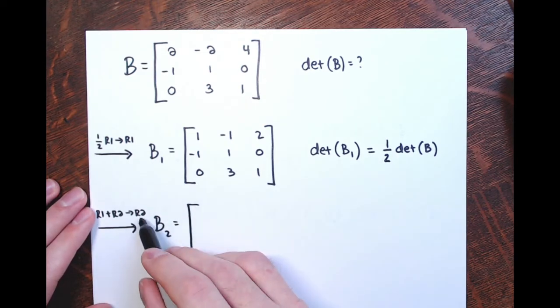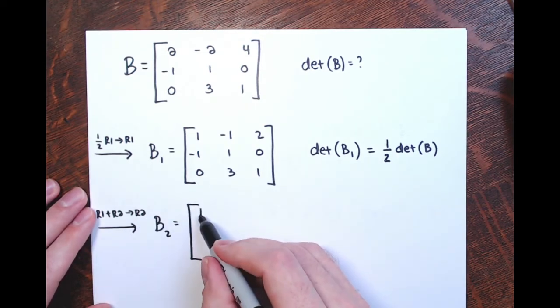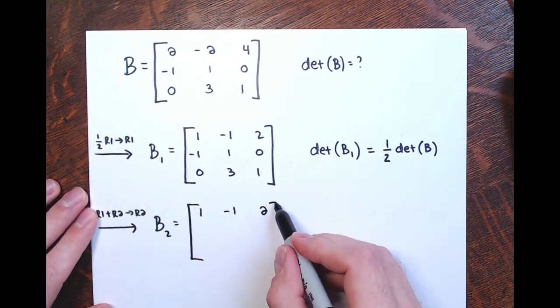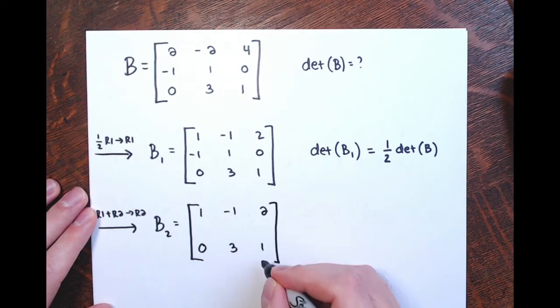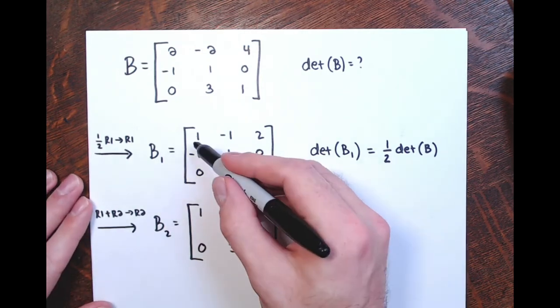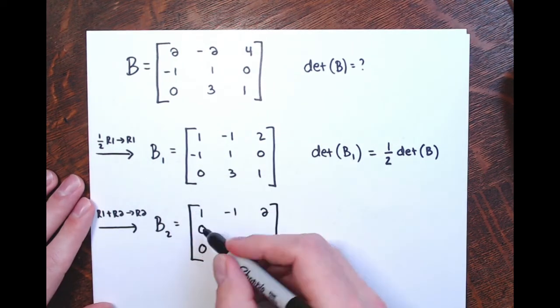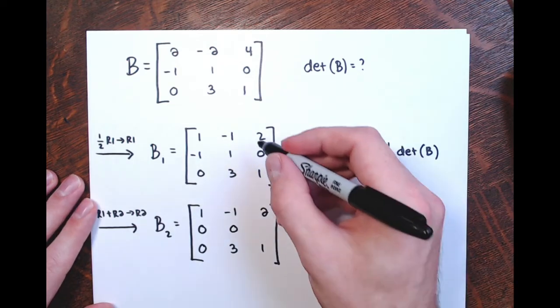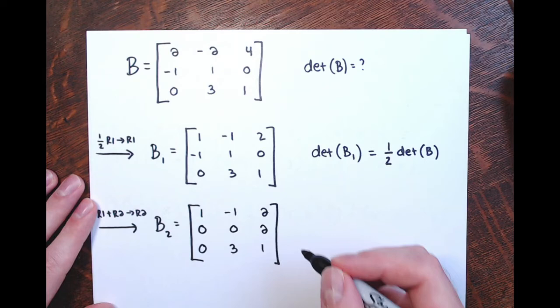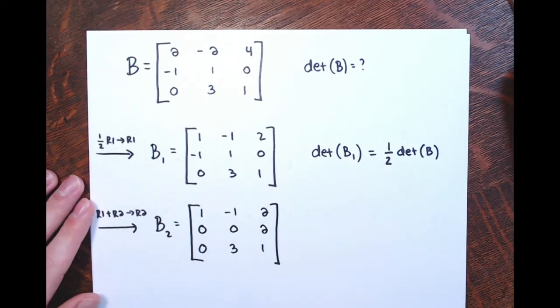The only thing that's changing is row 2. Row 1 is the same. Row 3 is the same. I'm just adding the first two rows. 1 plus -1 is 0. -1 plus 1 is 0. And 2 plus 0 is 2.